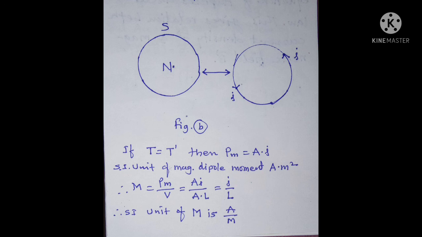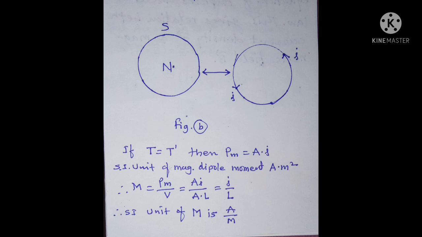Hence Pm equal to AI by equivalence, and capital M equal to Pm divided by V, that means dipole moment per unit volume, that is nothing but the magnetic intensity. Therefore M is equal to AI divided by V, which is equal to AI divided by AL, that means area into length. Therefore that is equal to I divided by L.